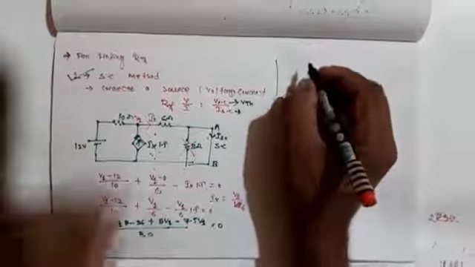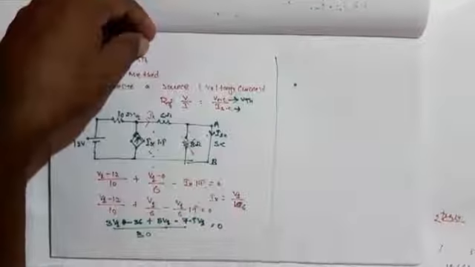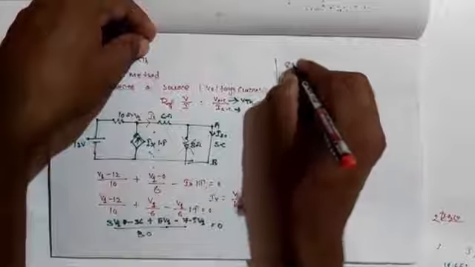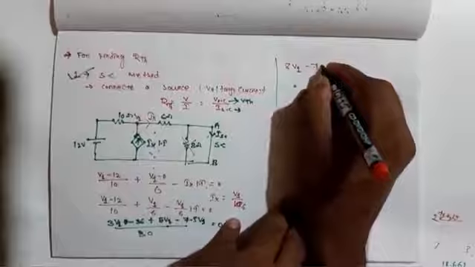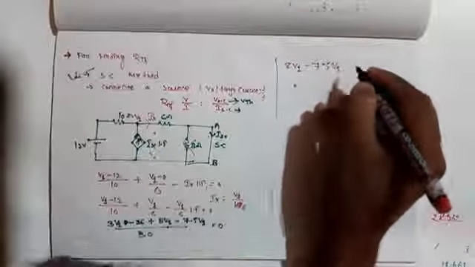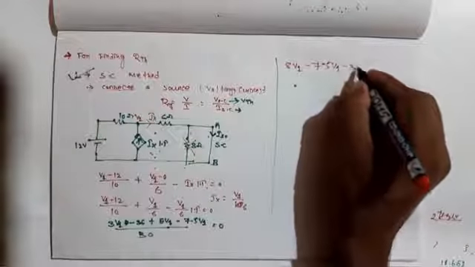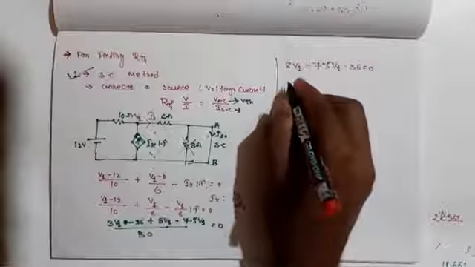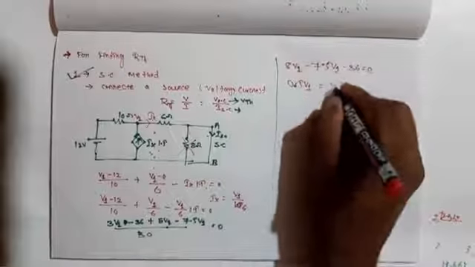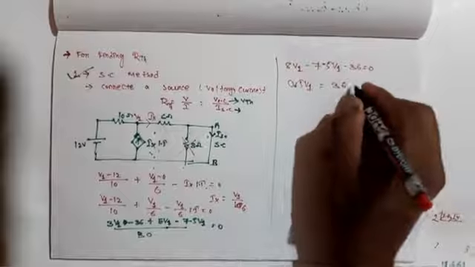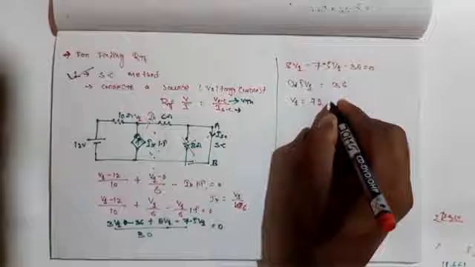Directly we can write this as 8 V1 minus 7.5 V1 minus 36 is equal to 0. This is 0.5 V1 is equal to 36, so V1 is equal to 72 volt.